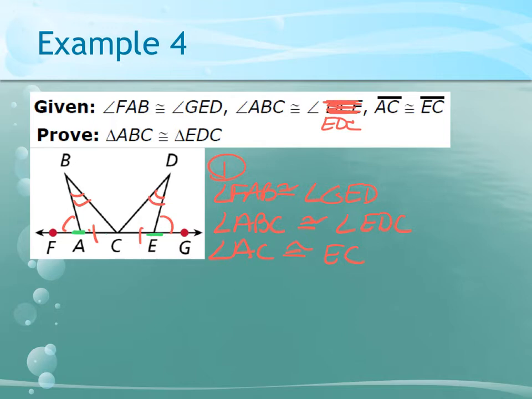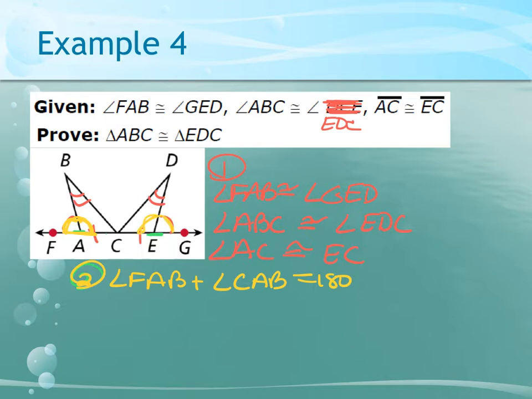So first thing I'm going to do is show my linear pair postulate. So I'm going to show that angle, this in yellow so you can see it better, angle FAB plus angle CAB equals 180 degrees. So I'm saying this piece plus this piece is a straight line. I'm going to do the same thing over here, this piece plus this piece.